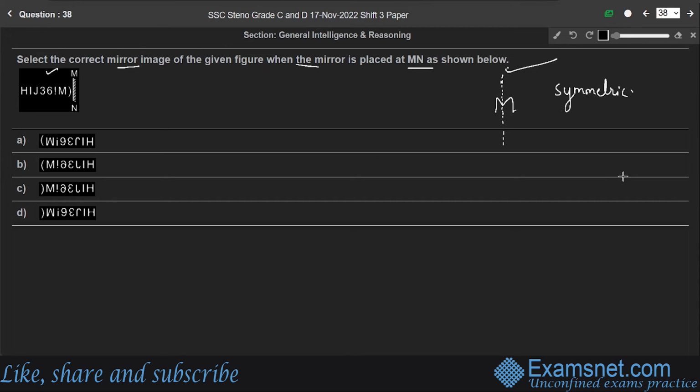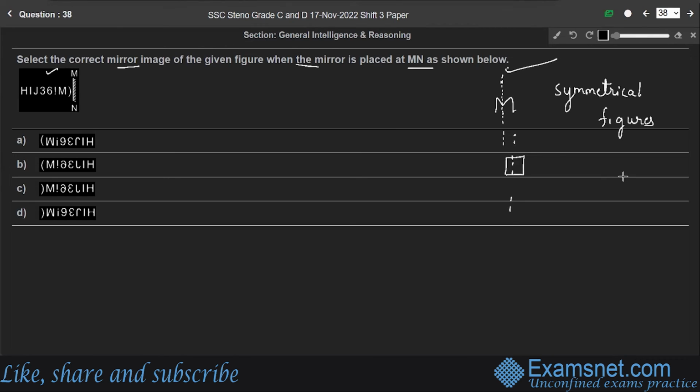If it is an object or any shape, like a square or triangle, such shapes are called symmetrical ones. When an imaginary line passes through their middle region, that line divides the given figure into 2 equal parts. Such figures are called symmetrical figures.